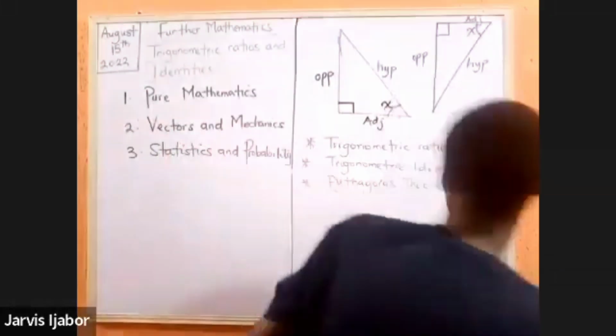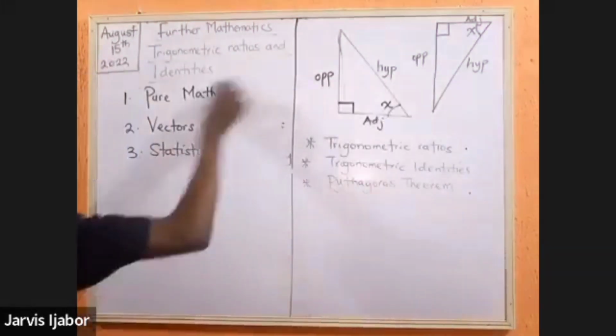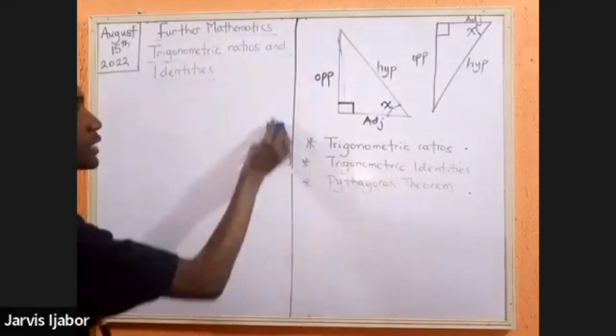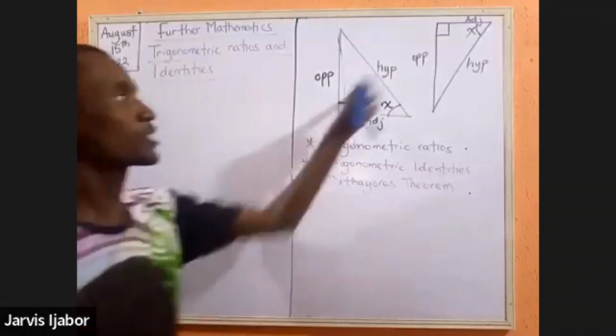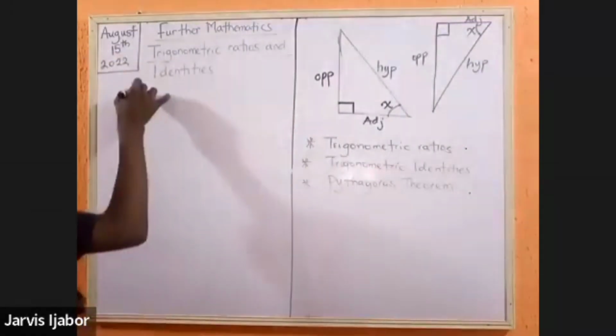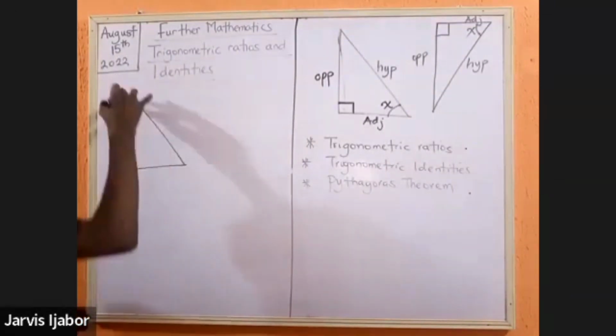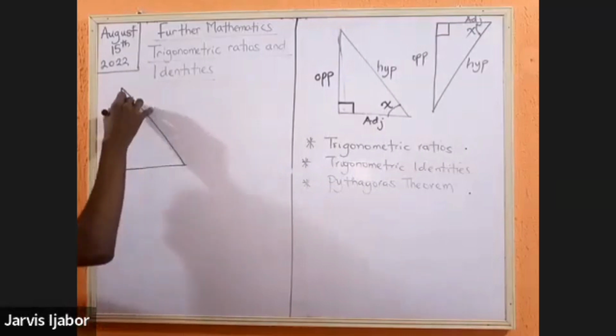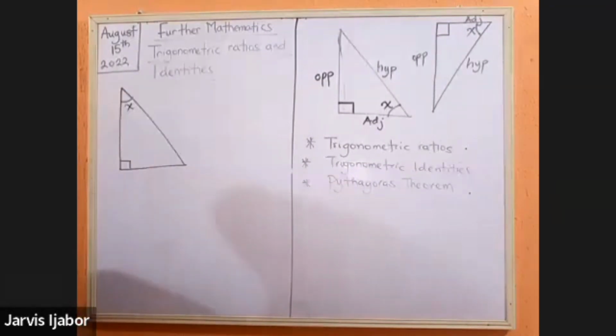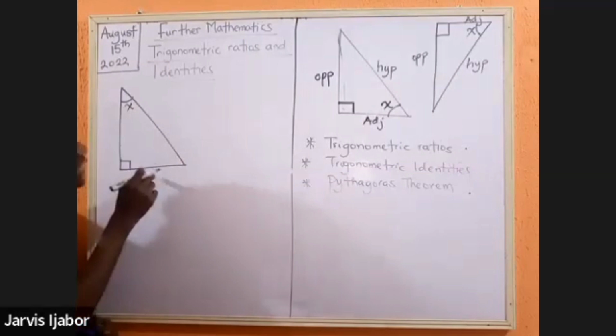All right, by way of continuing my work, I'm going to clean this part of the board and try to expatiate on this idea. Now, let's assume I draw this and I change the direction this way, and I bring the angle X this way. This is where the angle will be seen, and this will now be called the opposite.